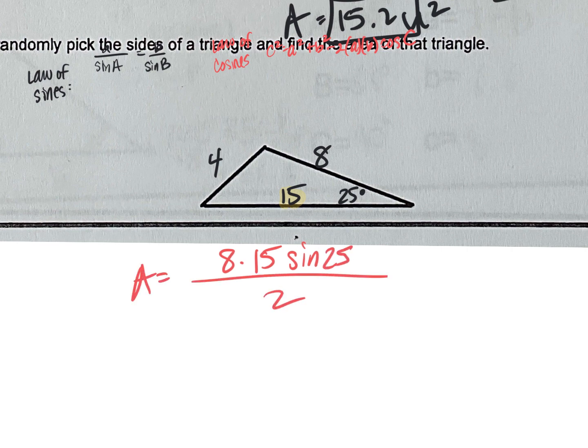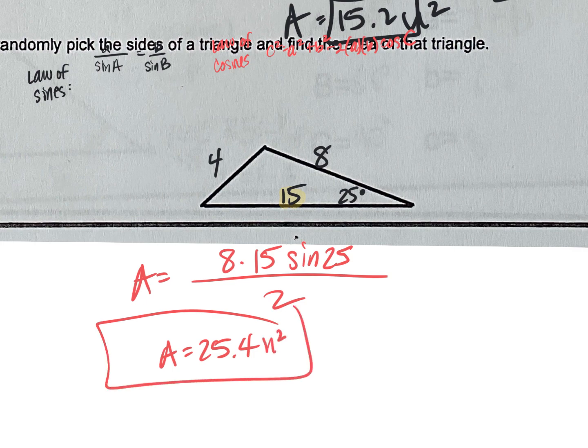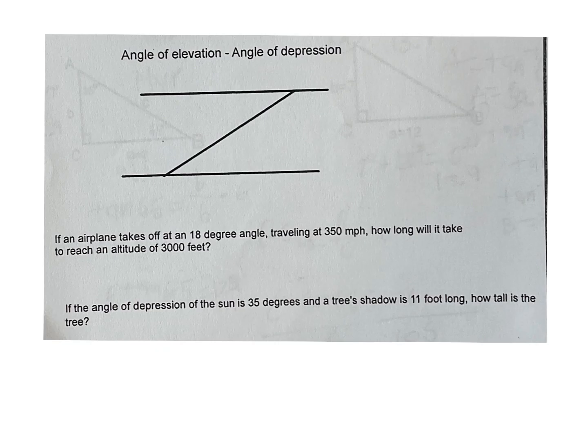That's going to be the area. $25.4 square units. Bless you. The last thing I've got to teach you today: angle of elevation and depression.